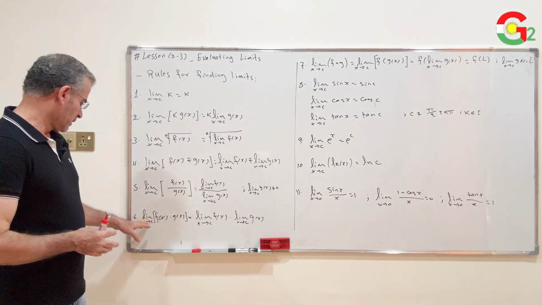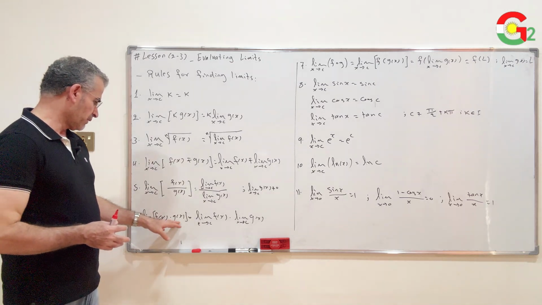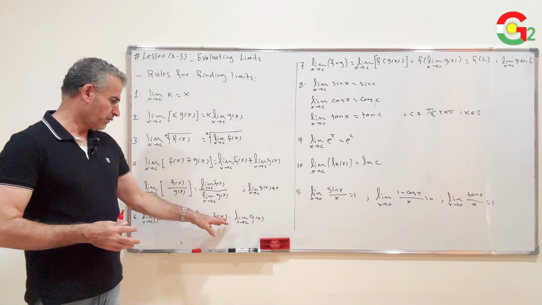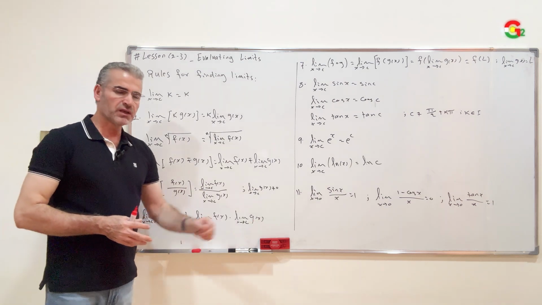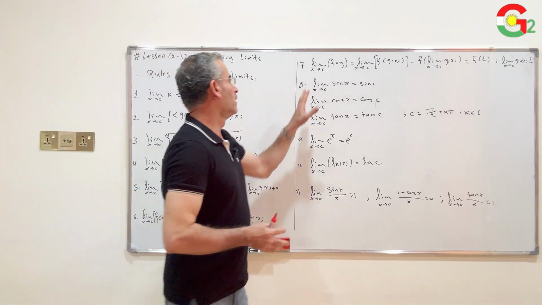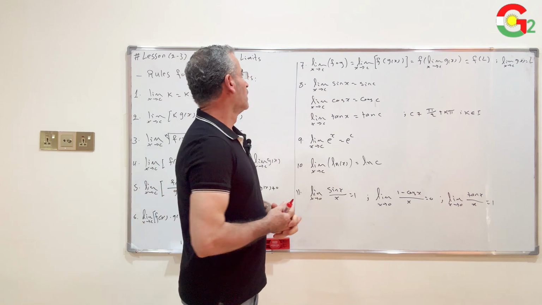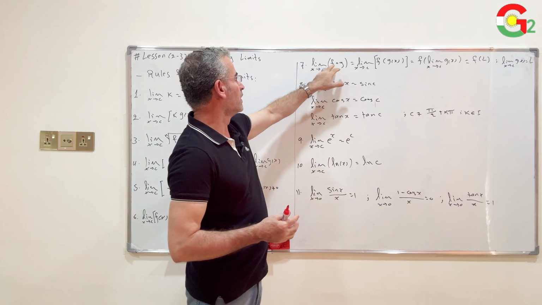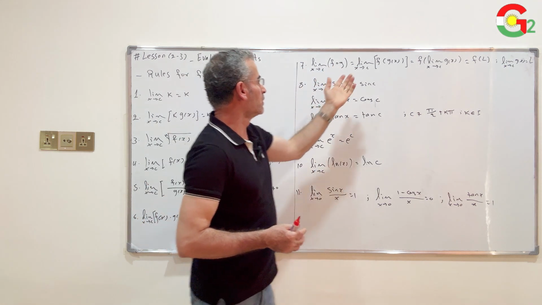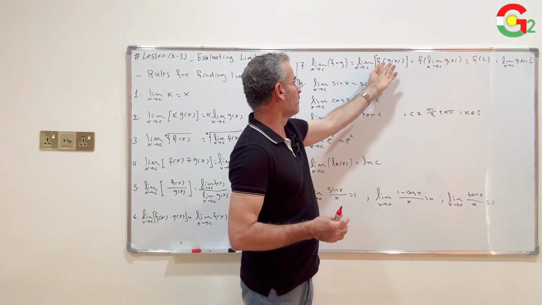Number six, limit of two multiplied functions equals the limit for the first one times the limit for the second one.